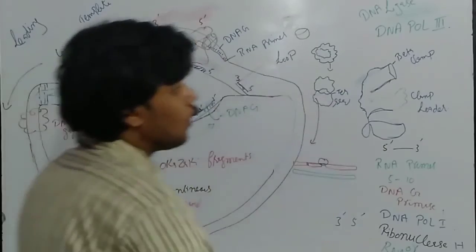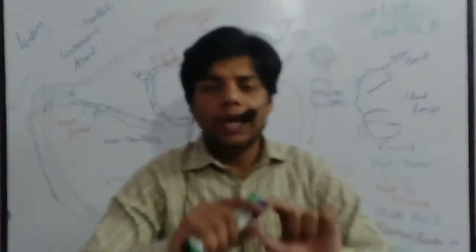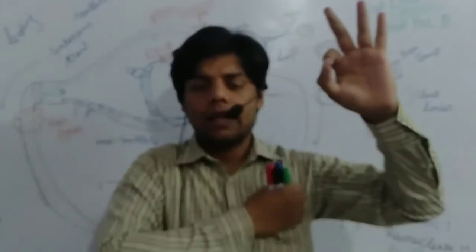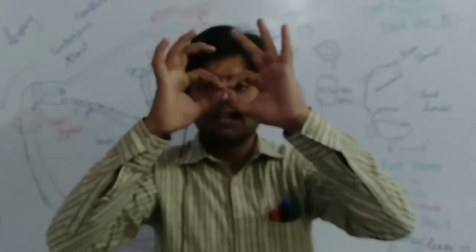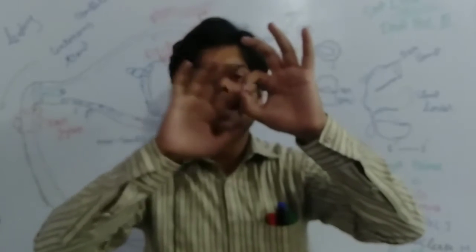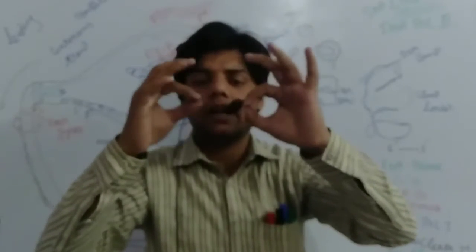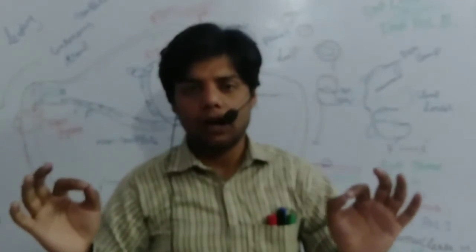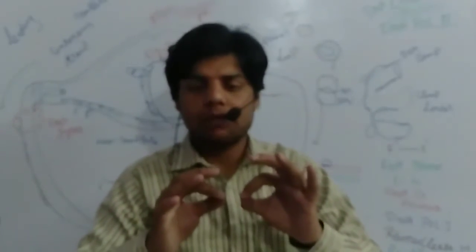Okay, so that's all about the elongation. The elongation process is started. Let's suppose this is one replication bubble, and this is another replication bubble, and at that specific area the DNA polymerase is present, and they can start the elongation process, and the two replication bubbles are moving toward a specific point.